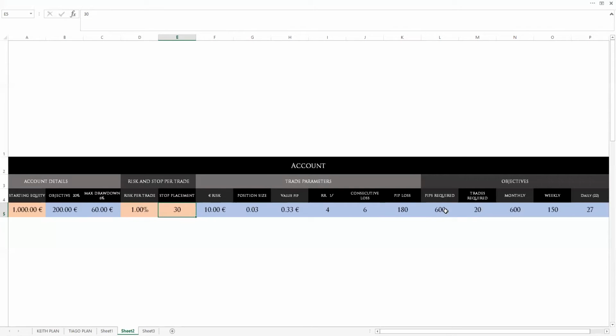That would mean I'd have the same objective, 20%, and 600 pips required. Required trades with this risk reward... No, I should have changed this. Let's see.